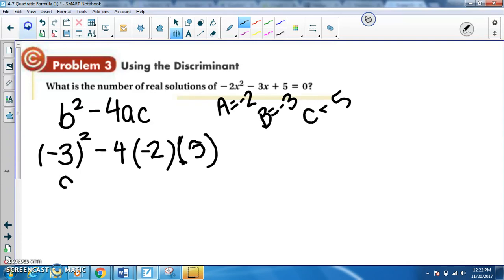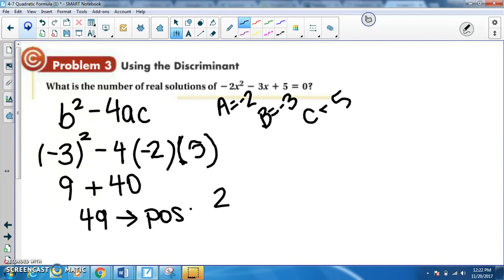So we have 9. Negative 4 times negative 2 is 8, times 5, which is plus 40. And 9 plus 40 is 49. Since this is positive, this means we have two real solutions.